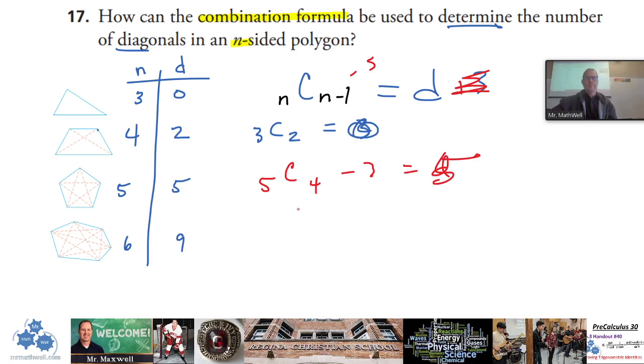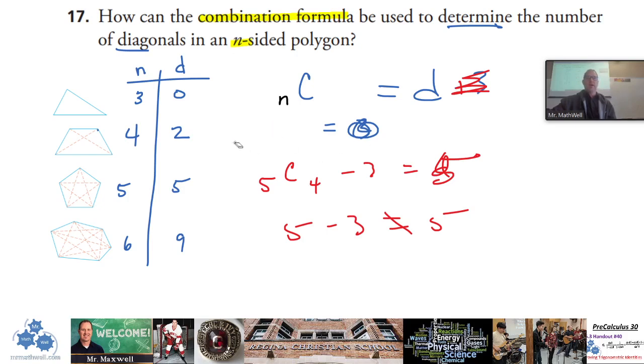What's 5 choose 4? 5. Minus 3 is not 5. So we might be close, we might not be close. We might have to change this. We could have a solid number like a 1 or a 2 or a 3 here, which could work for all of them.